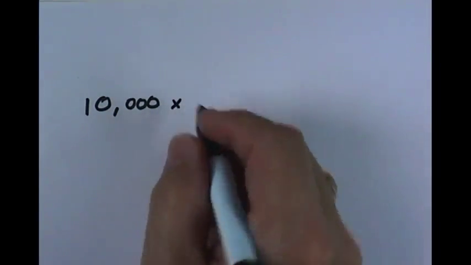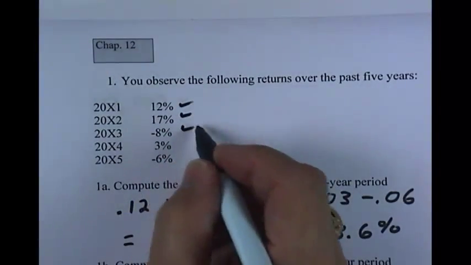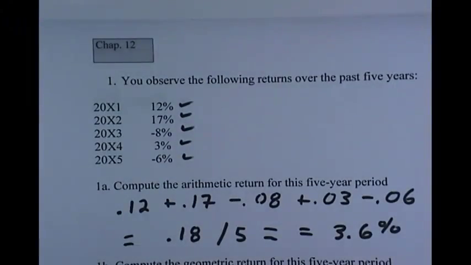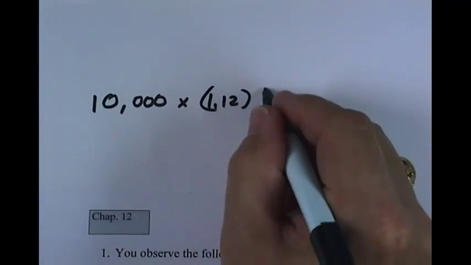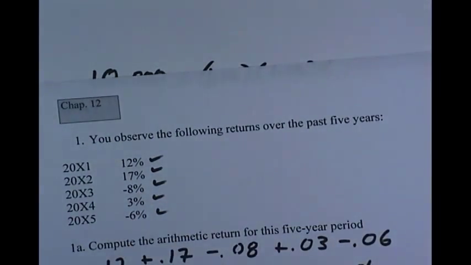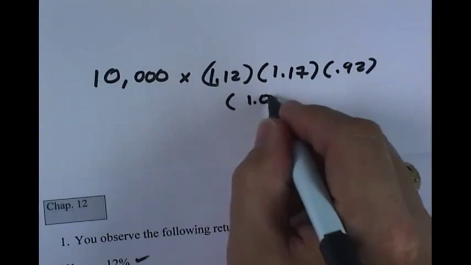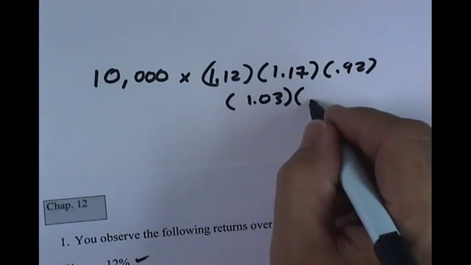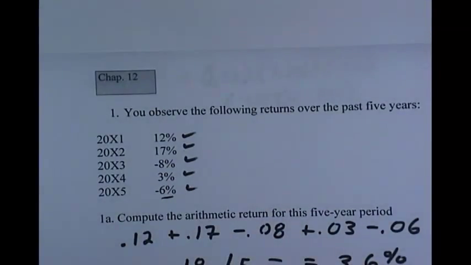If that was to grow at the different returns given in the problem, increase by 12, by 17, lose 8, gain 3, and lose 6%, then over the 5 years we would just be multiplying that by 1 plus the 12% return, and 1 plus the 17% return, and 1 plus the negative 8% return, and then 1 plus the 3% return, and finally 1 plus the minus 6% return.